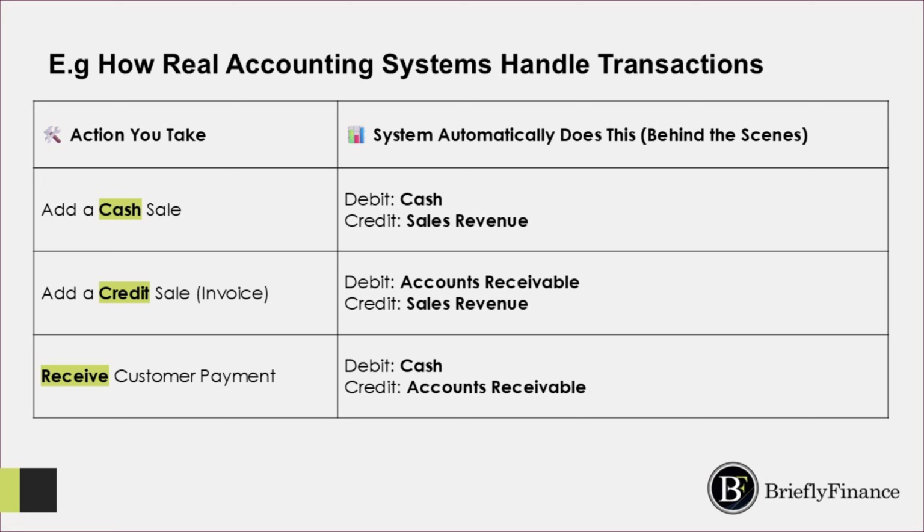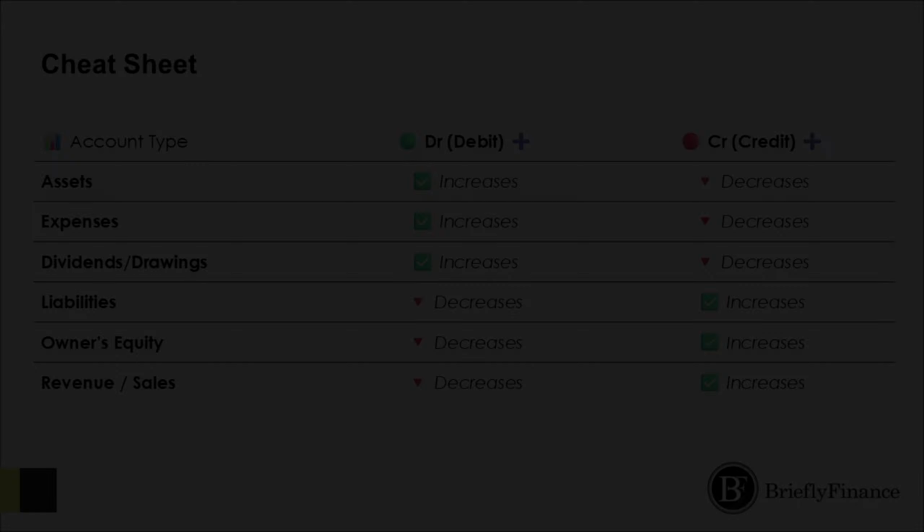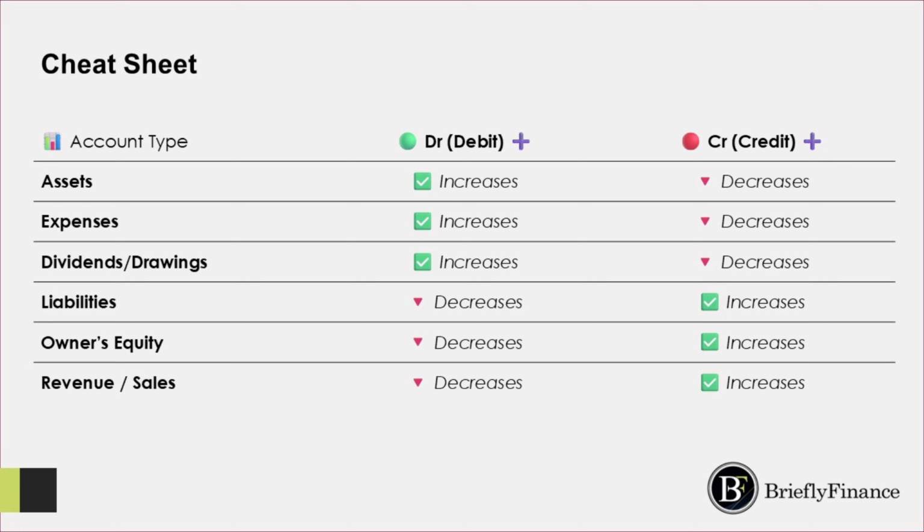So the idea in real life is you will just have your system, and you will choose one side of the transaction, and the system will automatically understand the other side, and it will connect it to your chart of accounts. Anyway, if you are into the theory, here's a cheat sheet. You can take a screenshot of it.